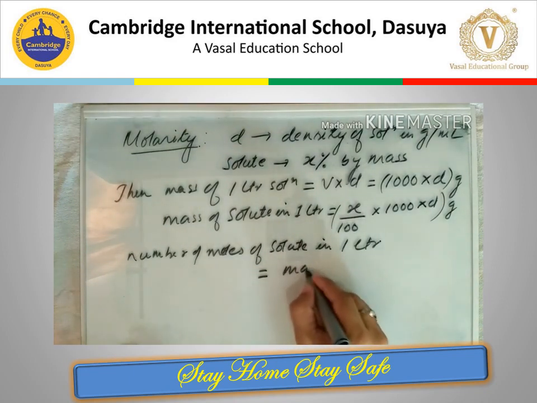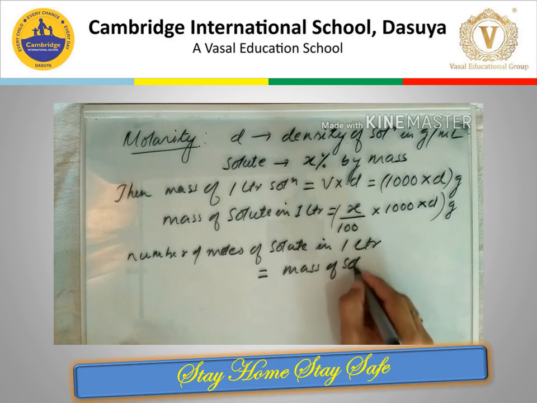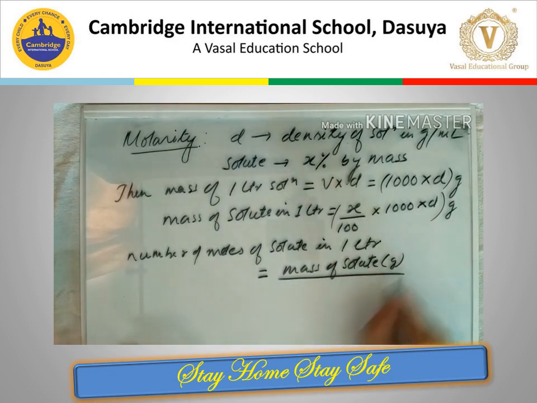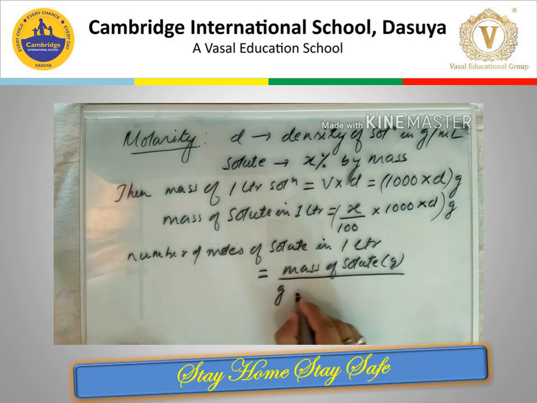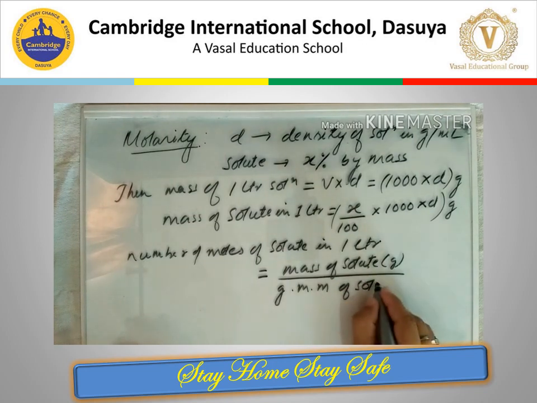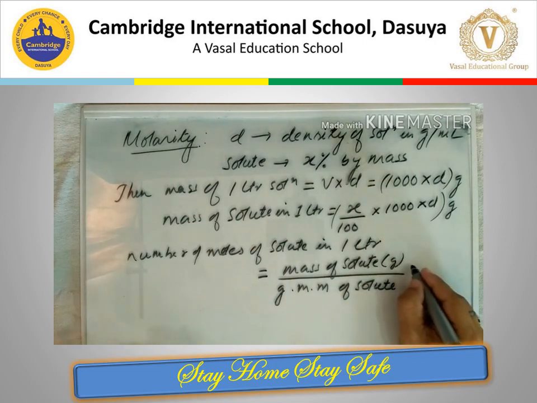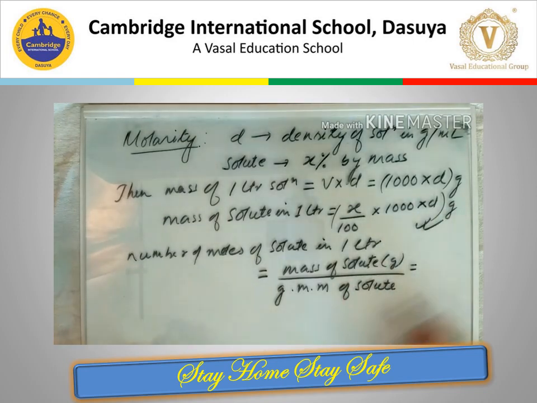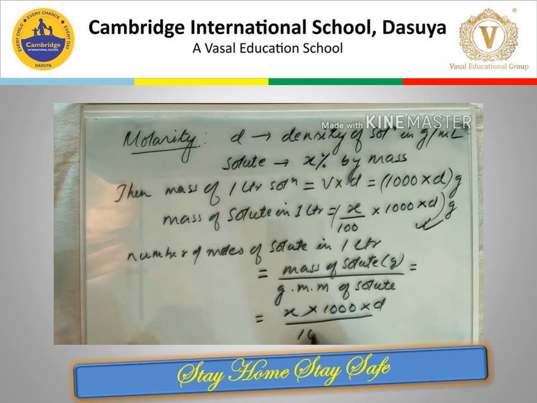So mass of solute in gram upon gram molar mass of solute. We have found out the mass of solute, so put this value here: x into 1000 into d upon 100.